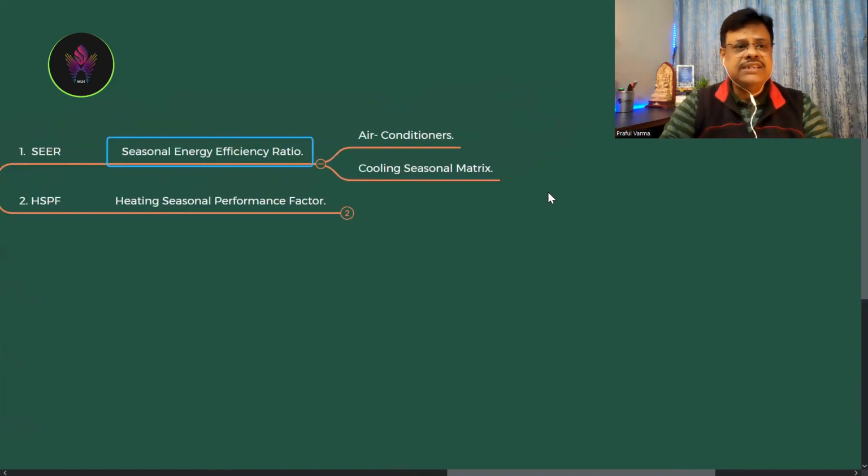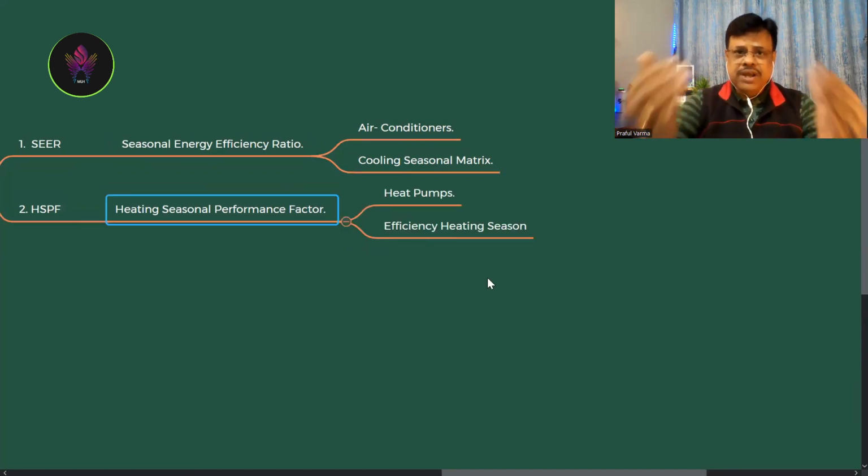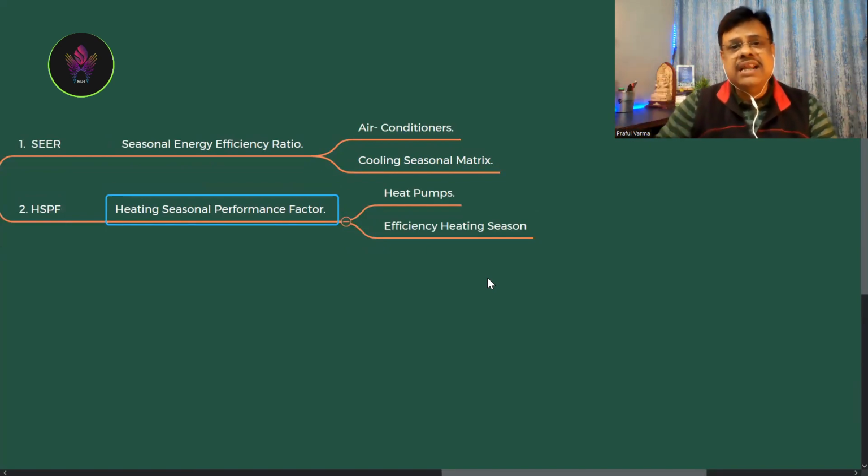First of all, you have to understand that seasonal energy efficiency ratio is used for air conditioners; this is the metric which works for a cooling system. So SEER only helps you decide a cooling seasonal metric, and it is used for cooling products. Whereas HSPF, heating seasonal performance factor, works for heat pump equipment, and this is energy efficiency on heating seasonality.